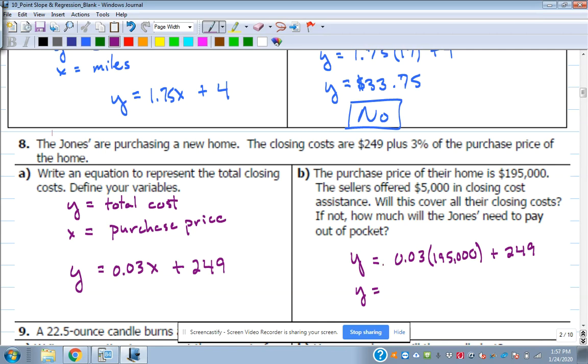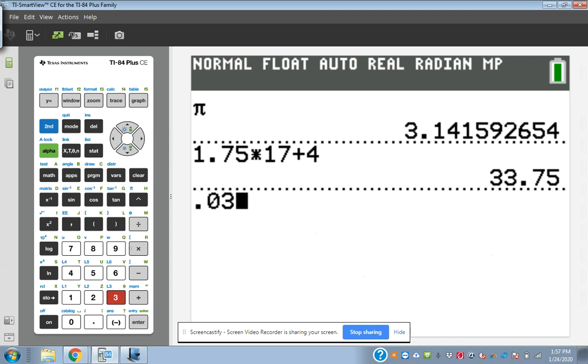So this is kind of like the cab fare problem. We want to know, is 5,000 enough to cover all of our extra costs here? So I'm going to do 3% of 195,000 plus $249.